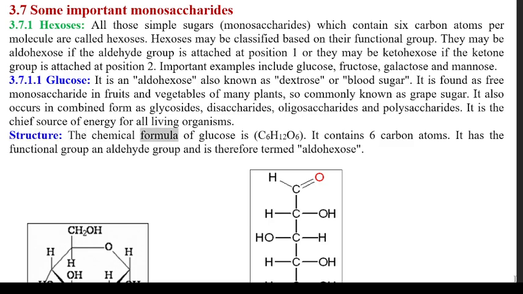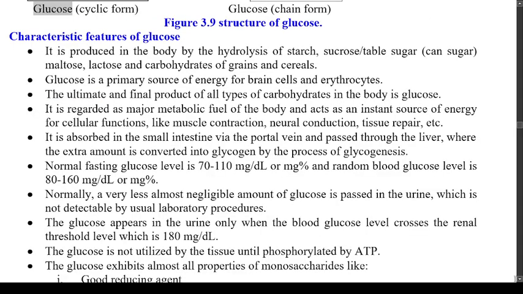Structure: the chemical formula of glucose is C6H12O6. It contains 6 carbon atoms. It has an aldehyde group as its functional group and is therefore termed aldohexose. Glucose, cyclic form. Glucose, chain form. Figure 3.9 Structure of glucose.